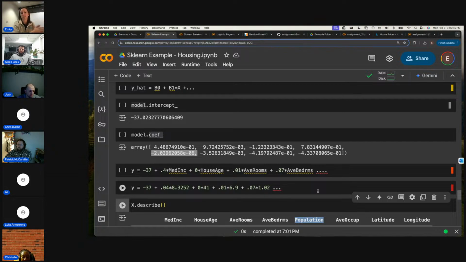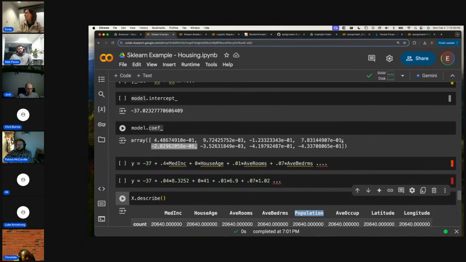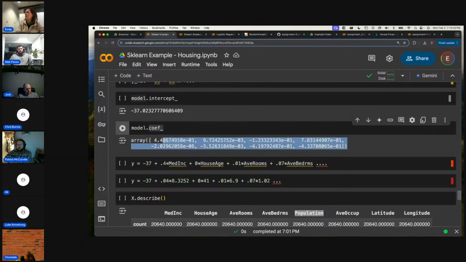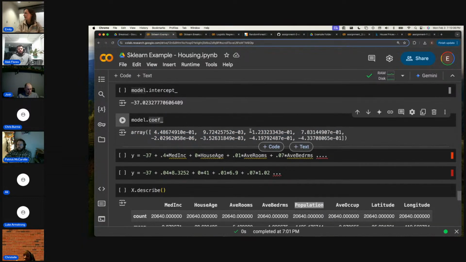So everything would range between 0 and 1. Bedrooms would range between 0 and 1. Square footage would range between 0 and 1. We can apply math to condense those values down to the range of 0 and 1 without changing the order in which they occur in the data set. And that would enable us to actually say one is greater than the other. And then we could say the coefficient that was the largest had the biggest impact.